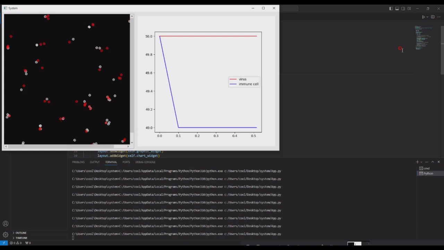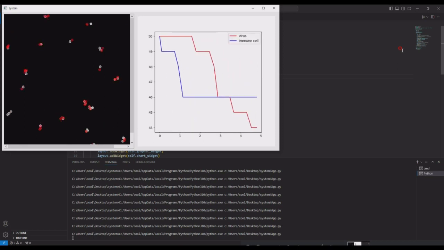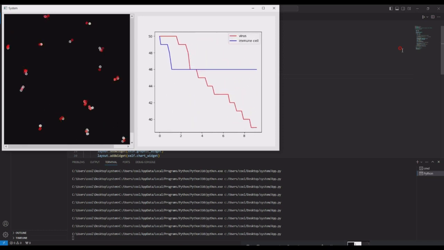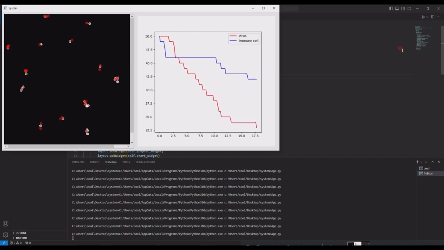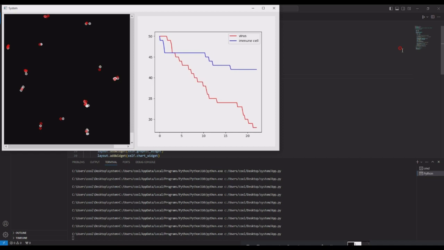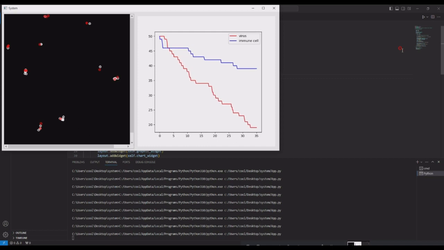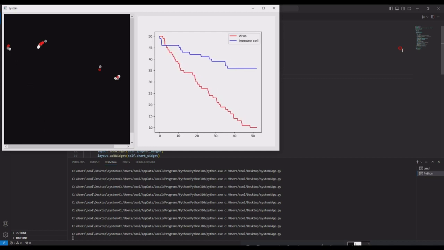The blue line is the immune cell and the red one is the virus cell. The immune cell is set to be 4 times stronger than virus cells. So you can predict that the immune cell will win against the virus cell and virus cells will be eliminated.